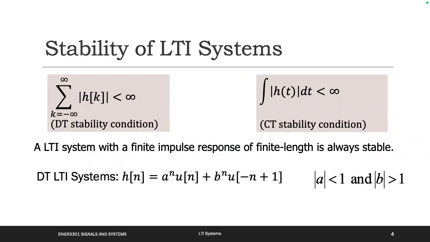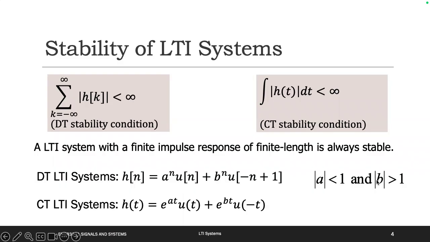Because you need to judge whether the sum is infinite or non-infinite, am I right? So for this, if your impulse response has this form and this condition, your LTI system is stable. That makes sense to you? Then for the CT case, it's similar, but usually for a CT system your impulse response will have this form.